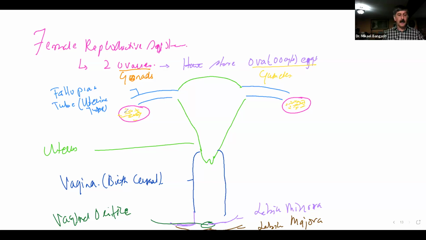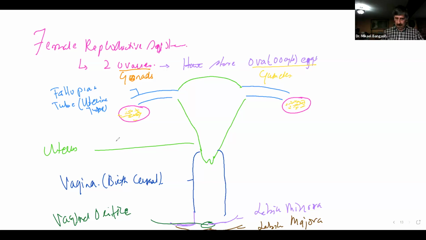Now, please keep in mind here, guys, the ovaries are going to be in the lower abdominal cavity, in the iliac fossa on both sides, the lower part of the iliac fossa.